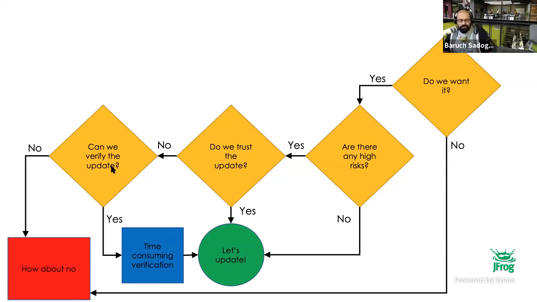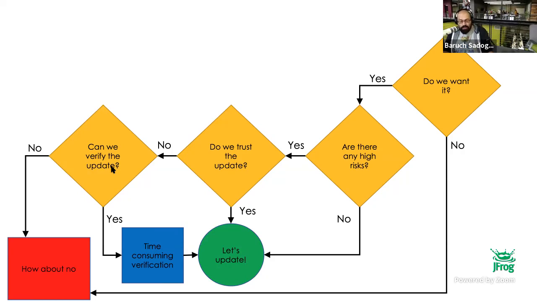And this time-consuming verification is exactly where our continuous updates break. Because now, if I need to spend half a year verifying a version of Java, what are the chances I will want to update to a new version of Java every half a year? What's the benefit for me? I just updated, and here is a new update.